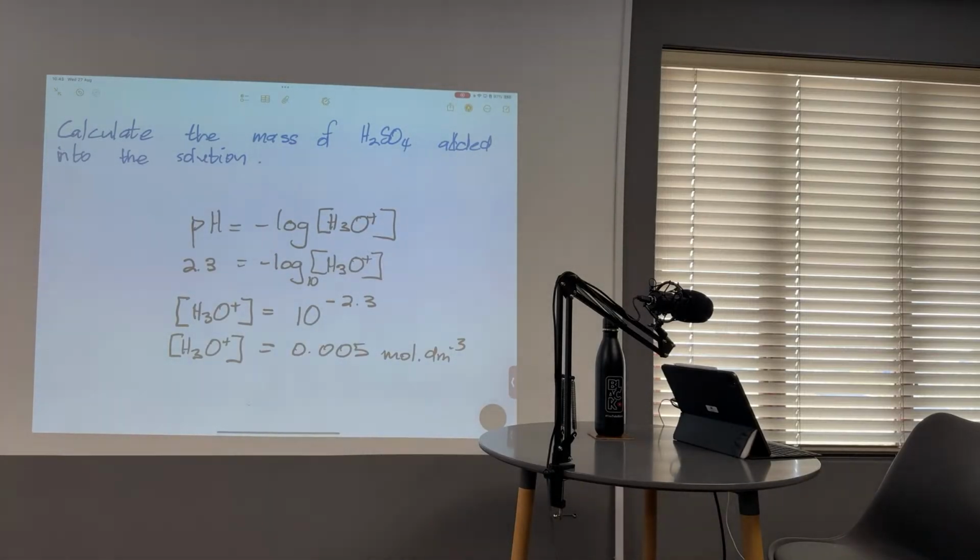What will be the concentration of this one? Meaning, I'll divide that.